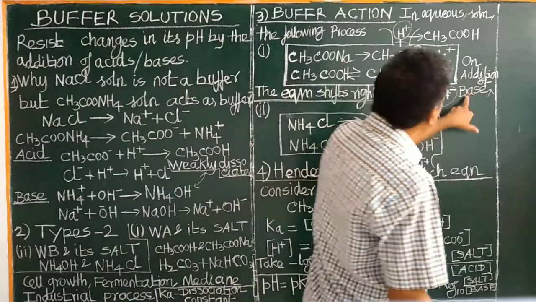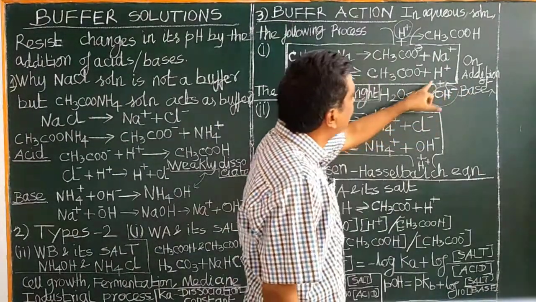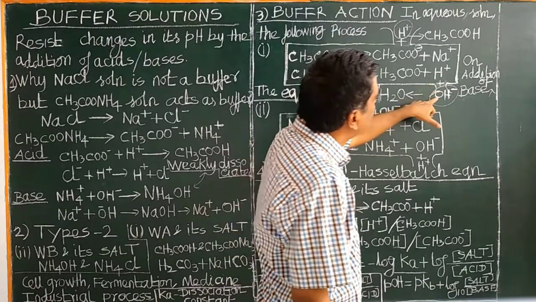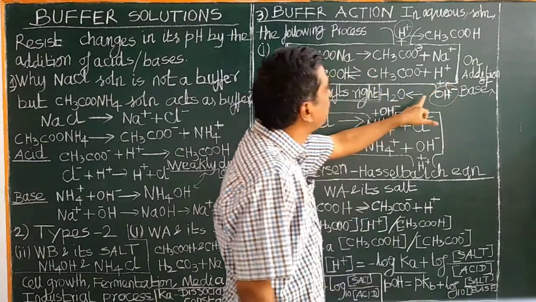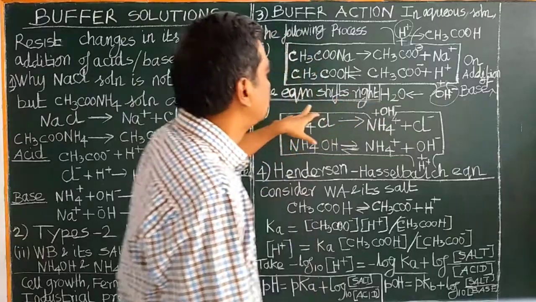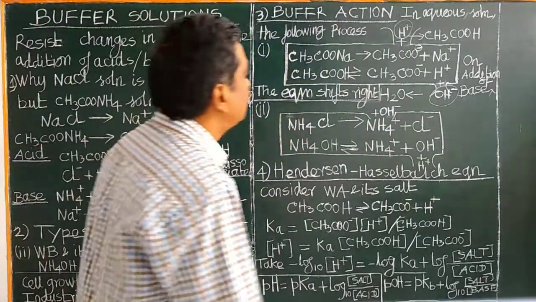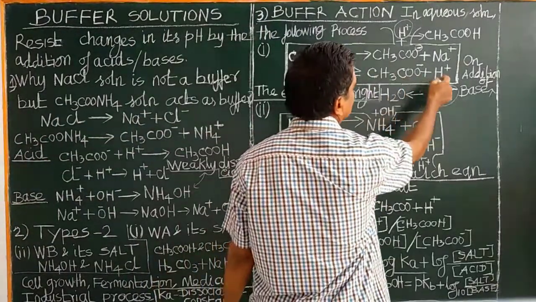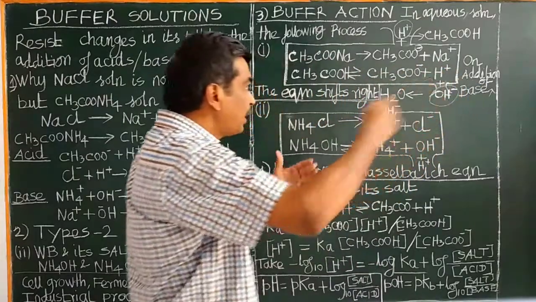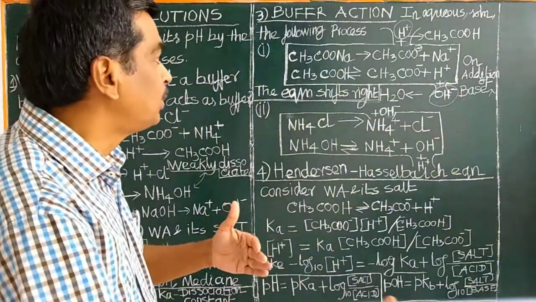On the addition of base, the following reaction takes place. OH minus ion reacts with H plus ion to form water. Therefore, this equilibrium is disturbed, since we are removing the H plus ion, one of the products.